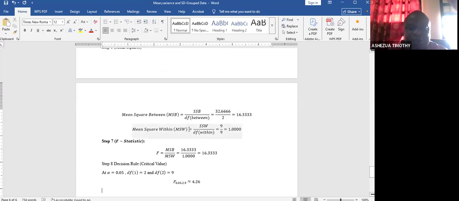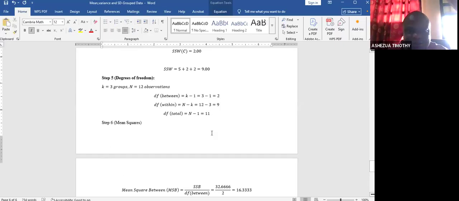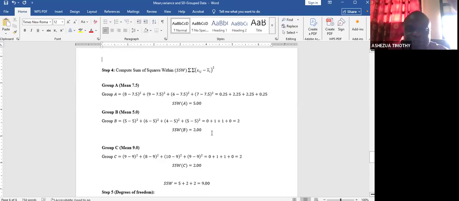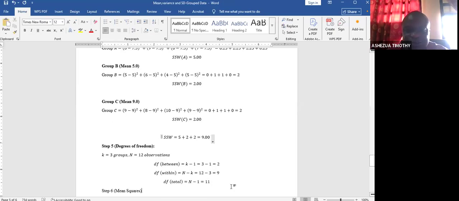Now, the mean square within. This is the formula, SSW. Of course, you know your SSW. Let me show you. Your sum of square within is the addition of the sum of square within of group A, group B, group C, and when you add everything up, you have 9.